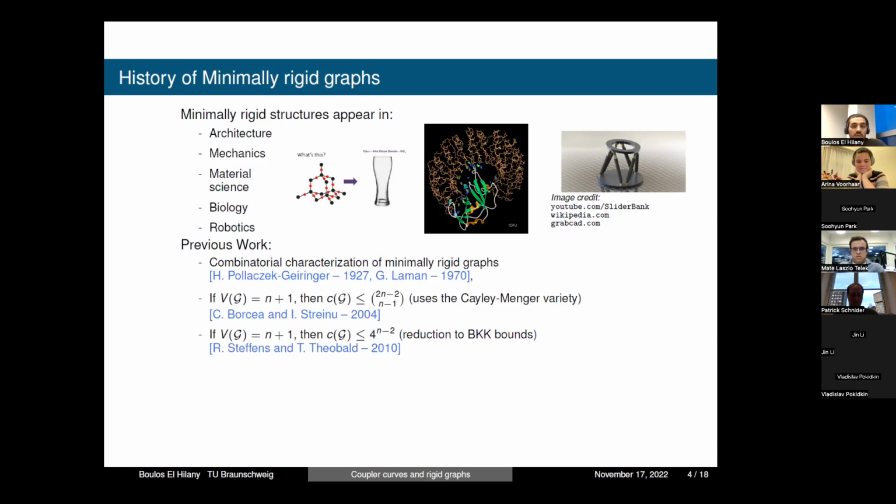And also, since this is a polynomial system of equations, one can look at the mixed volumes. There was a work by Steffens and Theobald where we see that this number here is slightly better than this one, but it's still too large.